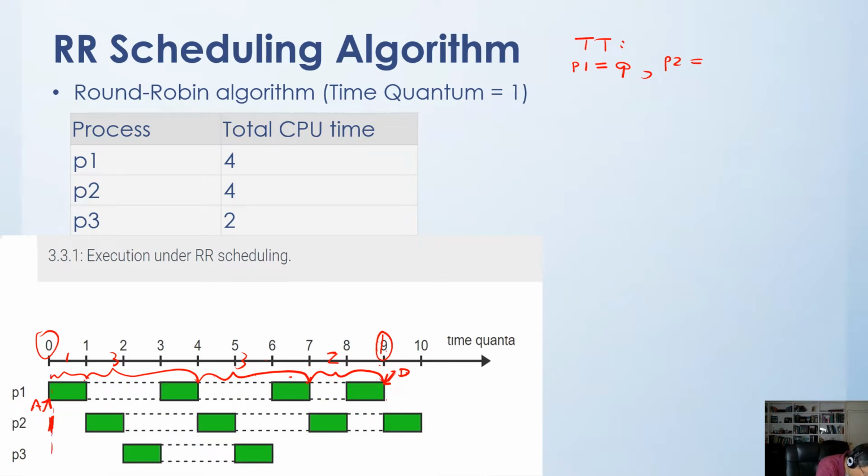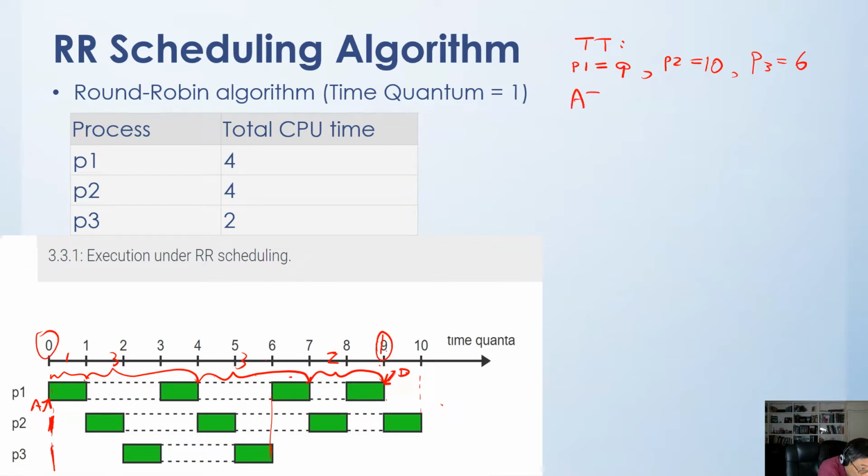So for P2 the completion time is 10 minus 0, and the completion time for P3 is 6 minus 0. Okay, so that's the turnaround time for each.